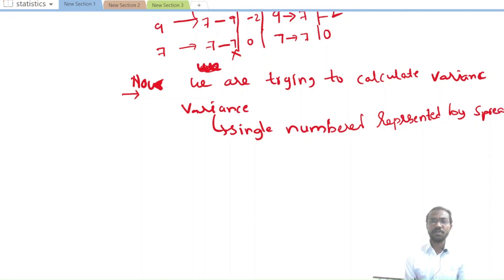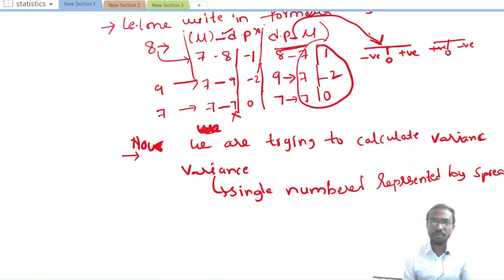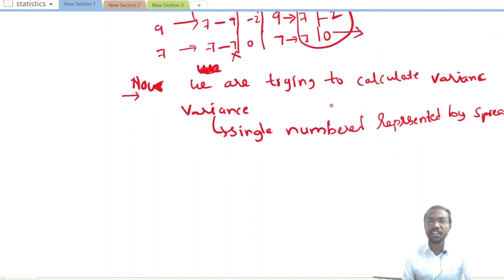But looking at this data, it contains multiple values, so we need a single number value.